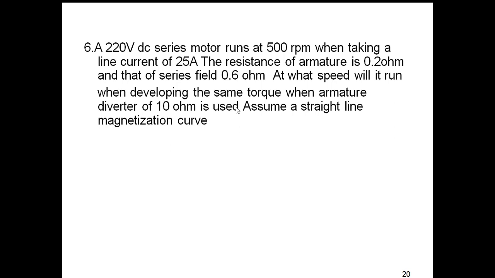At what speed will it run when developing the same torque when an armature diverter of 10 ohms is used? Assume a straight line magnetization curve.